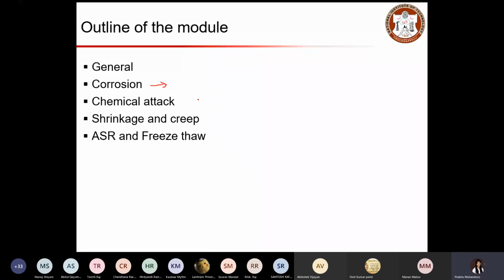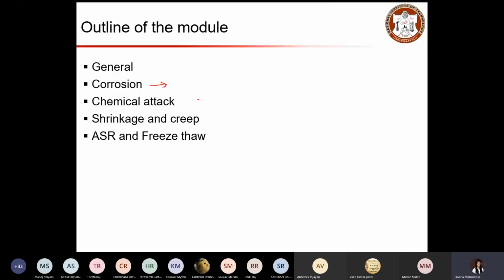Creep is nothing but when you have some element or concrete structure under a sustained loading condition for a longer duration, your structure tends to creep. Those we will discuss in the creep section. And we have ASR and freeze-thaw conditions that could affect durability.